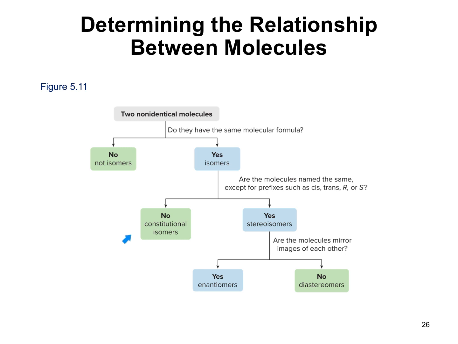If the answer is no, they're constitutional isomers. Naming can really help you identify constitutional isomers, and that's my suggestion at this step. If you know they're isomers, name them. If the answer is yes, then they are stereoisomers, and you need to determine if they're mirror images of each other and whether they're enantiomers or diastereomers.